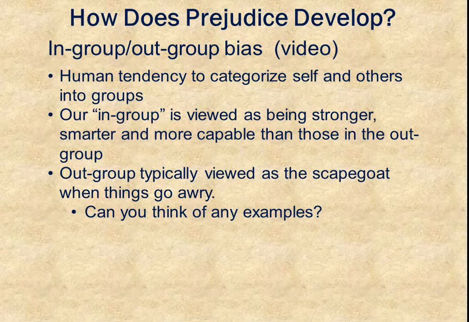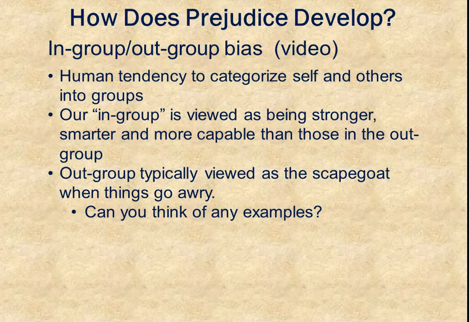I am heterosexual, and so I'm going to categorize the world as being heterosexual, homosexual. We have all of these various group identities that we attach to ourselves, and to a certain extent, we will tend to group the world along those forms of identity, and sometimes that will impact our behaviors towards people in our in-group versus our out-group.